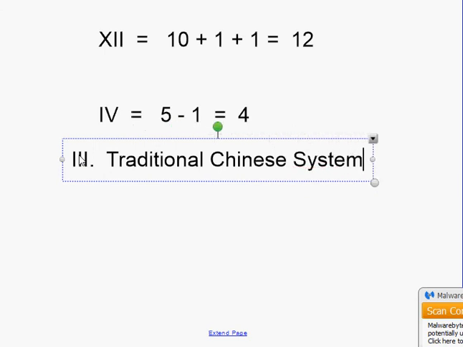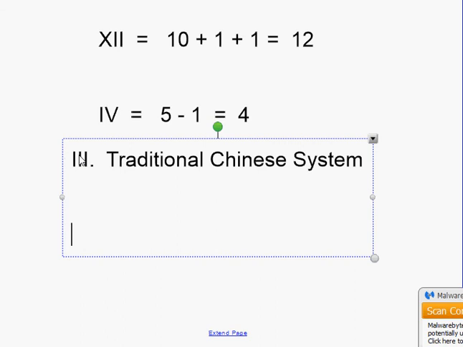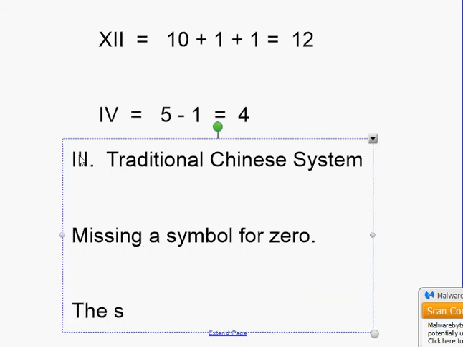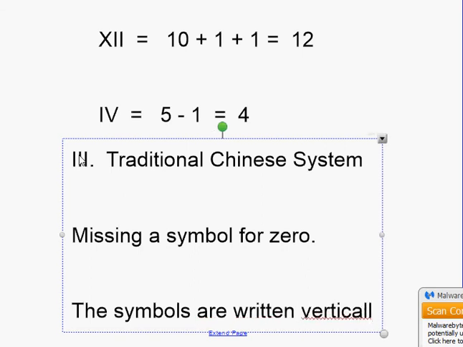Their system goes back to 400 BC. Again, I urge you to go in your textbook, see page 219 for their symbols.